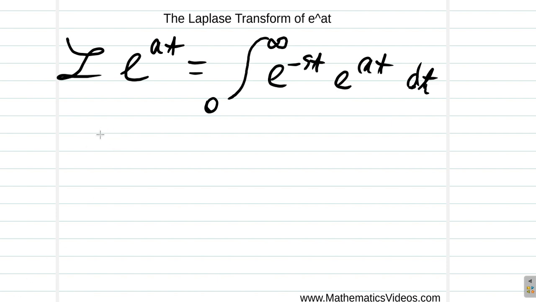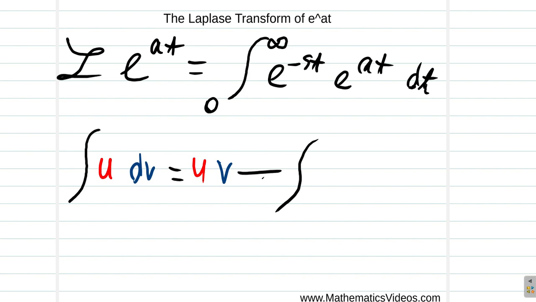Remember your integration by parts formula. The integral of u dv equals uv minus the integral of v du.